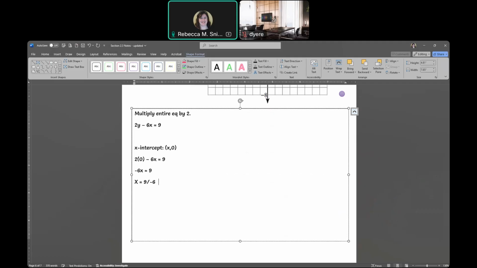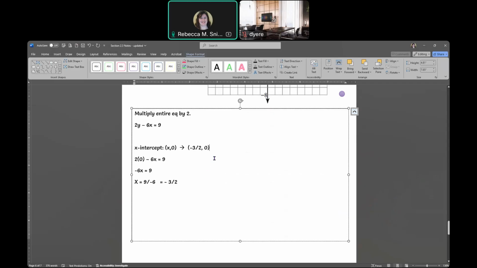And then when we do that, we simply reduce. So the negative pulls out in front, and then 9 and 6 both share a 3 in common, so this becomes 3/2. And so therefore we would get an intercept that would be the coordinate point, negative 3/2, 0.